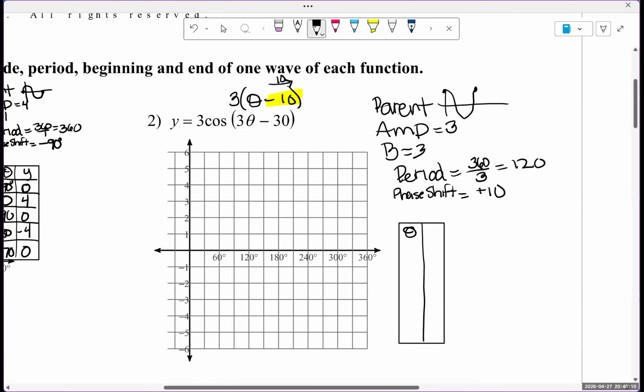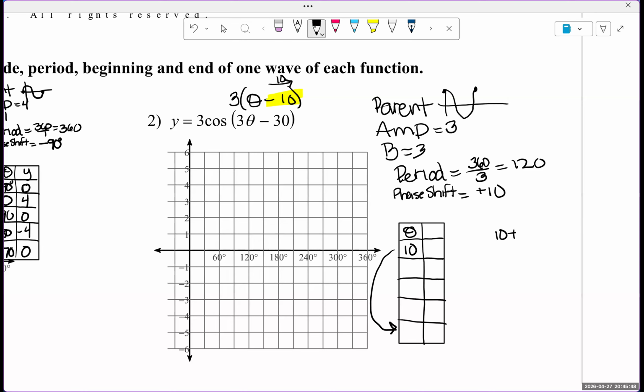Okay, so let's make our table. So it's shifting 10 in the positive direction. How do we get the end of the cycle? We take the 10 and we add the period, which is 120. So we have 130. How do we find the middle? We average them.